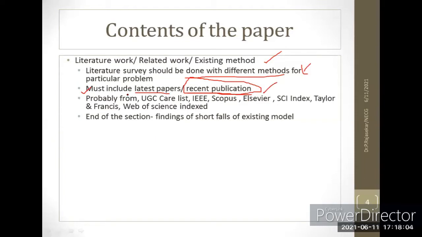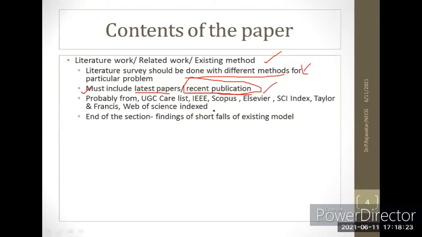Then another one in the literature work: the existing papers or related work papers should be IEEE, Scopus indexed, Elsevier, SCI indexed, Taylor & Francis or Web of Science indexed papers. So that is the important one.